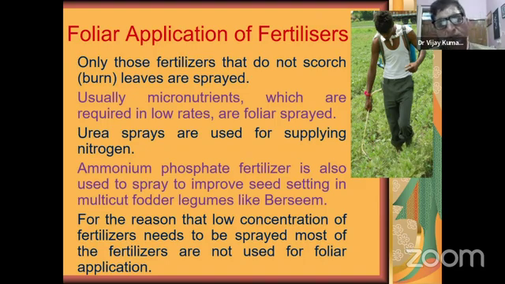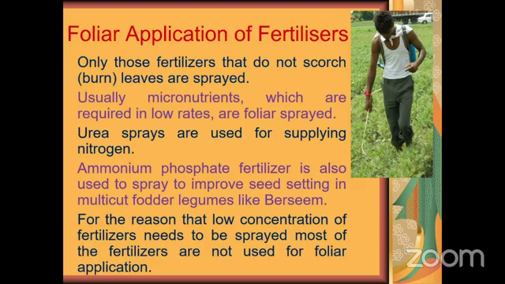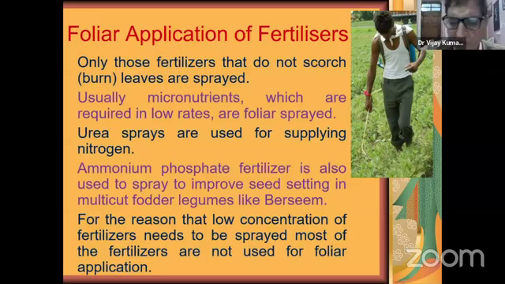That soluble fertilizer can be used very easily for the foliar application of fertilizer in many ways. But the limitation with this foliar application is that we cannot spray all the fertilizer. Only a low concentration of the fertilizer is to be used for foliar application.